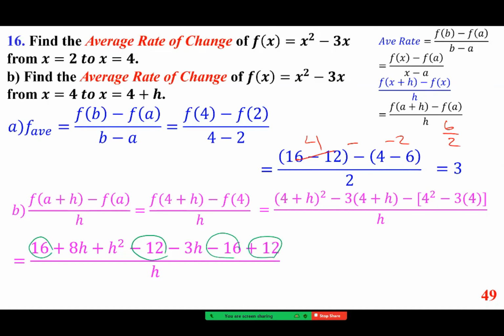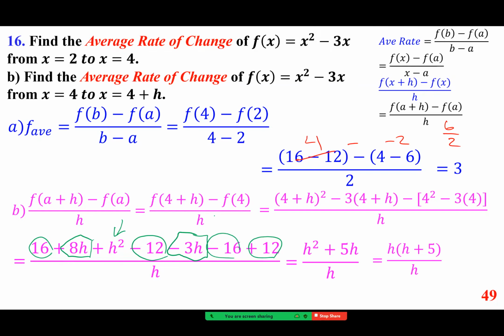And then what remains is h squared, 8h and minus 3h, which add up to 5h. From the numerator, we can take the h out, they drop, and the final answer is h plus 5 or 5 plus h, however you want to write that.